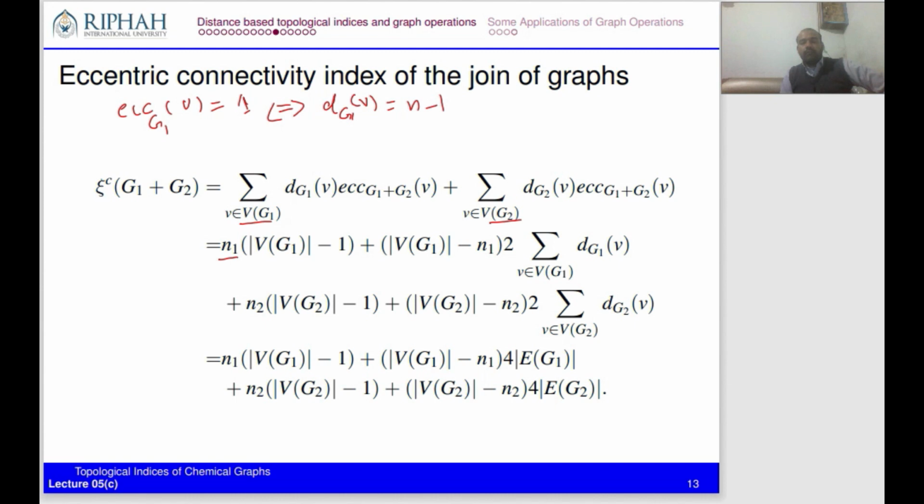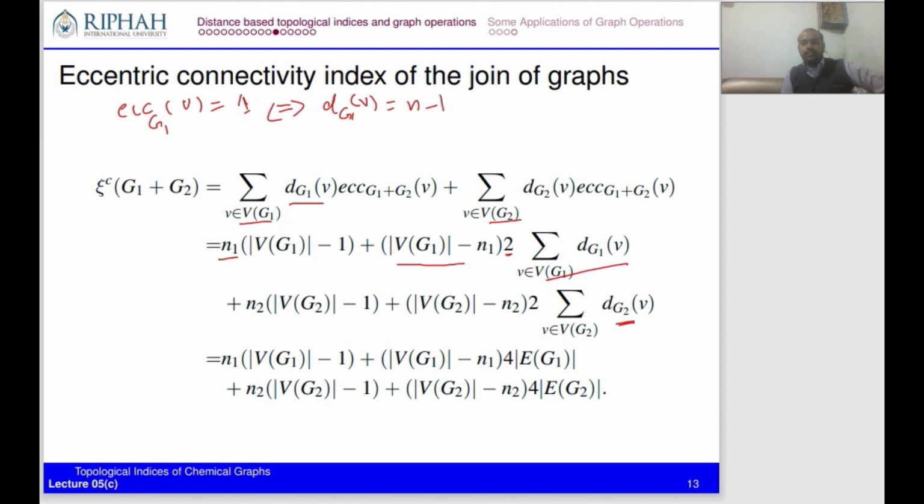Next, we have vertices with eccentricity 2. These are the rest of the vertices except n1, and this is the summation of the degrees, which is this one. Similarly, for the second graph, n2 times the order of graph G2 minus 1, plus the order of graph G2 minus n2 times 2, and the summation of graph 2's.